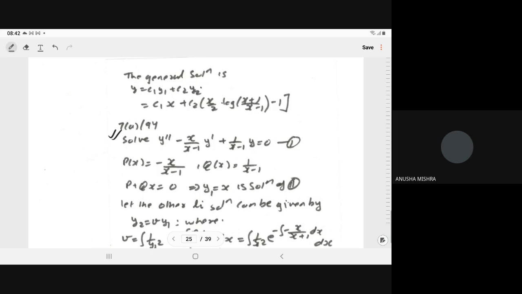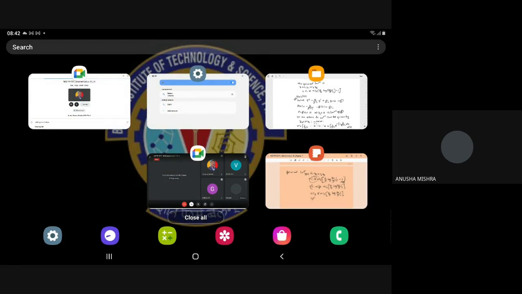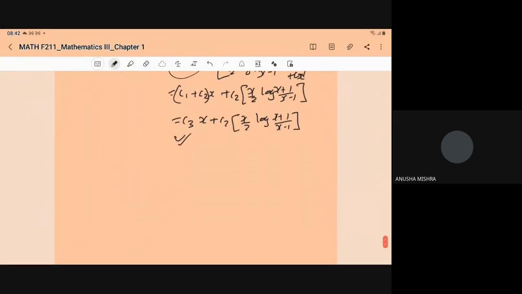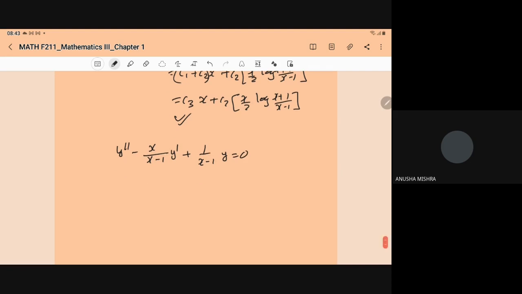So in this case, here we have the equation y double dash minus x upon x minus 1 y dash plus 1 upon x minus 1 y is equal to 0. So p(x) is minus x upon x minus 1, and q(x) is 1 upon x minus 1.